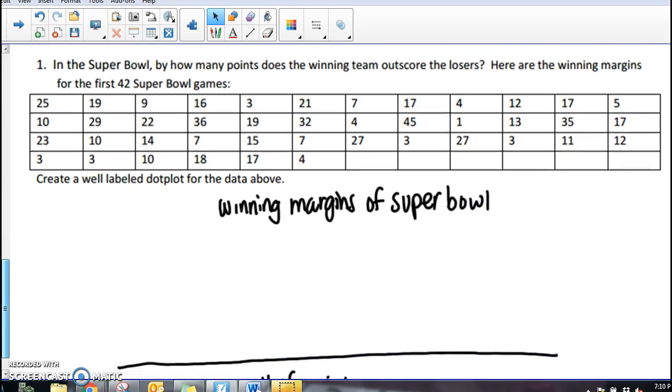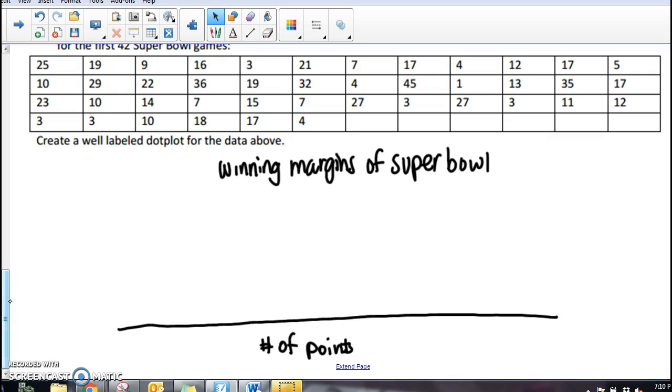And then we just have to decide how we're going to scale this. So, looks like we have a low of 1. That's our lowest value. And our highest value looks like 45. So we have to scale from 1 to 45 on our axis.